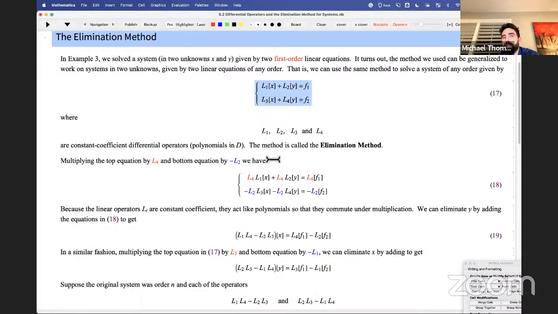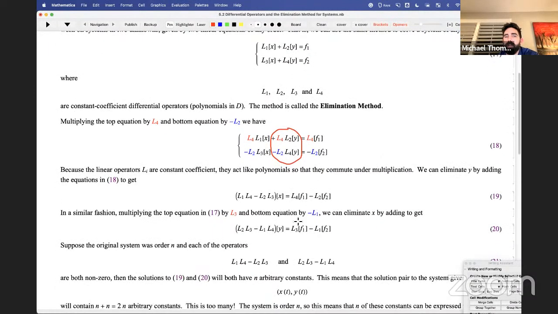Basically, just write down your system. You want to, let's say, eliminate the y's by multiplying the top equation through by L4 and the bottom equation by negative L2. That'll yield this system. Is that okay? And the purpose of this is that if I add these together, the y's will cancel out and I'll get an uncoupled equation in x.